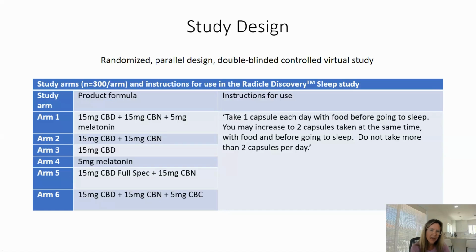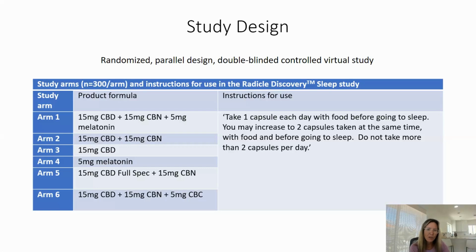So what that means is that the subjects were recruited online, and if they met the inclusion criteria, and the inclusion criteria were minimal, we looked for adults that were healthy, that had minor sleep complaints, weren't seeking people with diagnoses or anything like that. So minor sleep complaints, otherwise healthy adults, anywhere in the United States. So we didn't study this in another country or anything like that. We recruited them. If they passed the inclusion criteria, they were randomly assigned to one of our 6 arms.